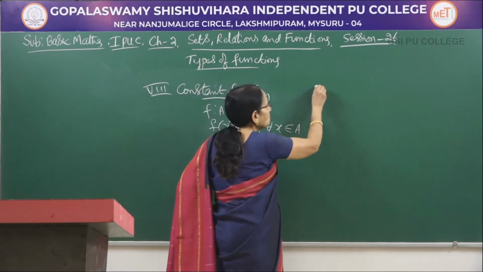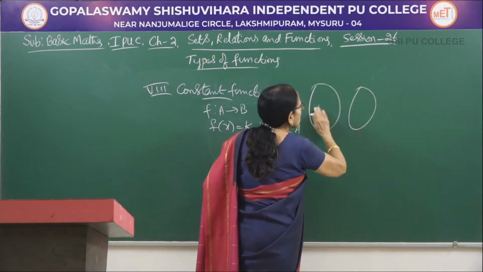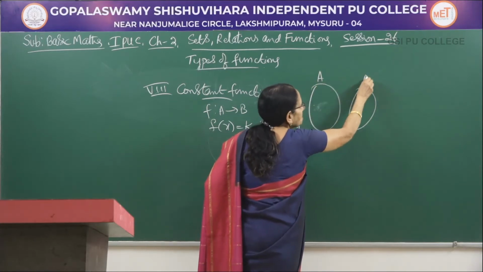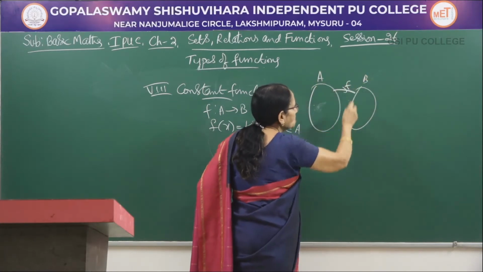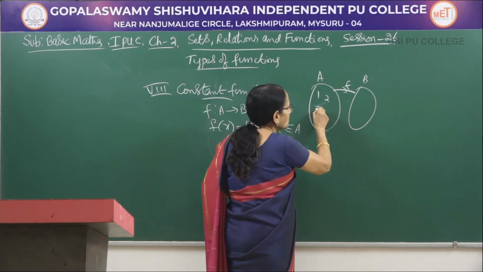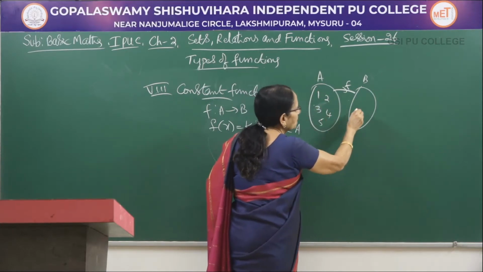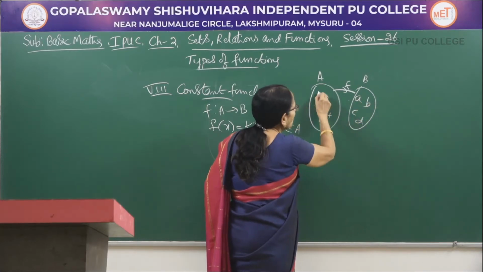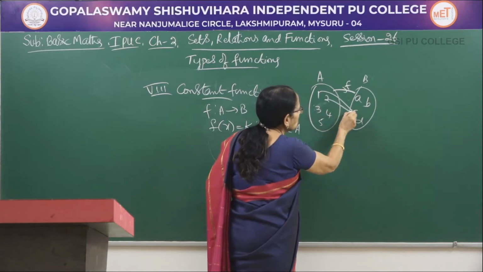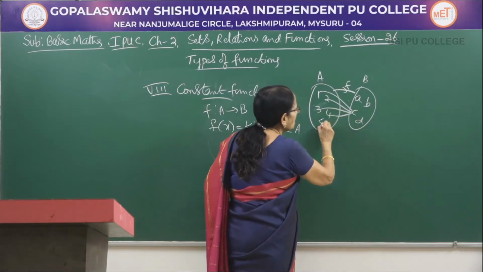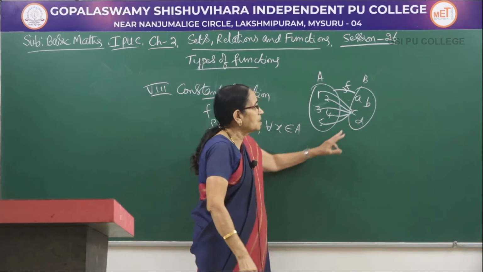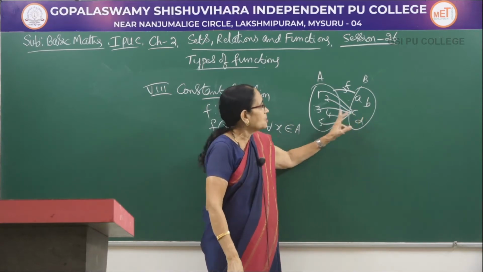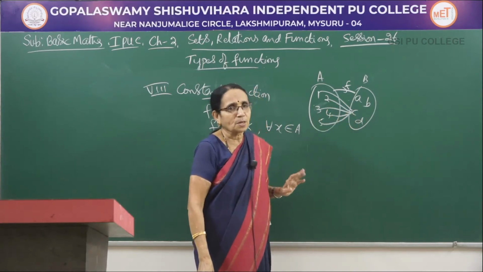So suppose this is set A, this is set B. f is a function from set A to B. Suppose I have 1, 2, 3, 4, 5 and here it may be A, B, C, D. Now 1 will have the image C, 2 and all the elements will have the common image C. So we call it a constant function.